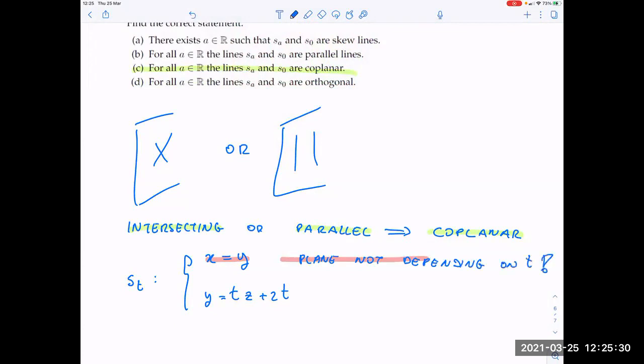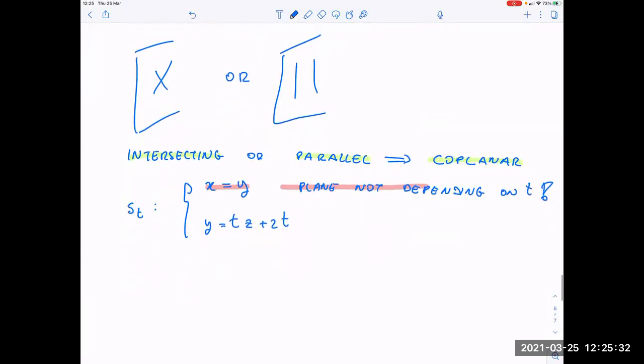So what Cesare Piemontese says is true, because if you call this plane alpha, then alpha contains ST for all t. So they are always going to be coplanar, right? This is something you can see just by writing down the line as a system of equations.